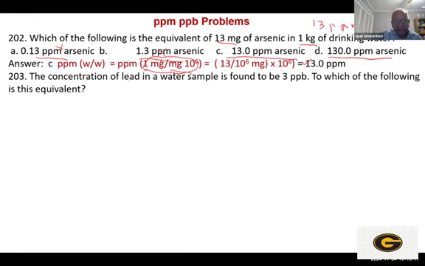The concentration of lead, a small amount of solute, present in the water is found to be 3 ppb.